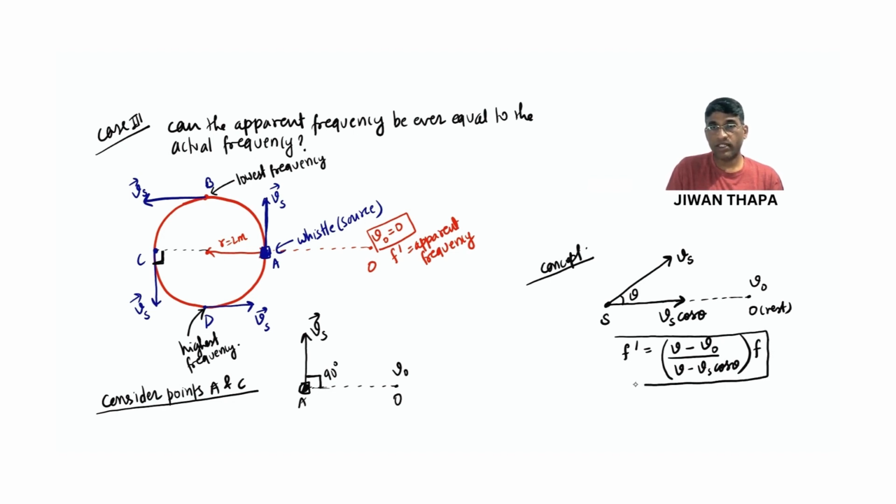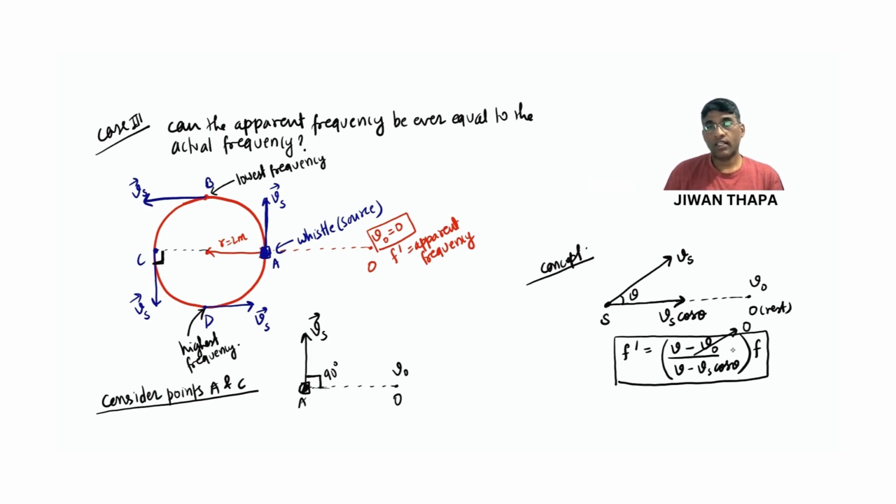We are assuming the medium at rest. For observer at rest, we have V naught equals 0.